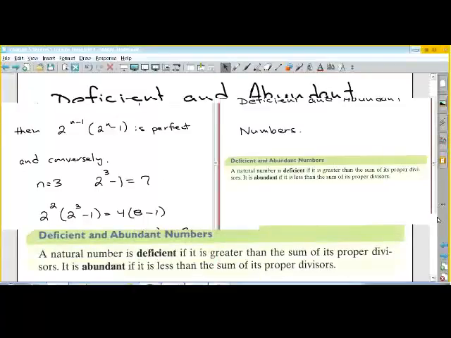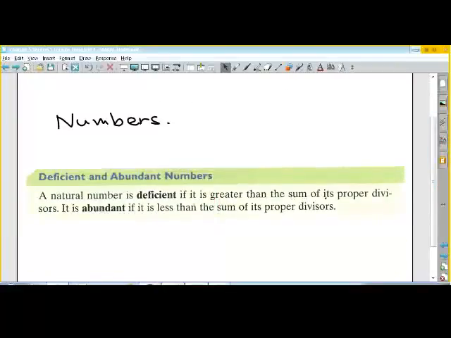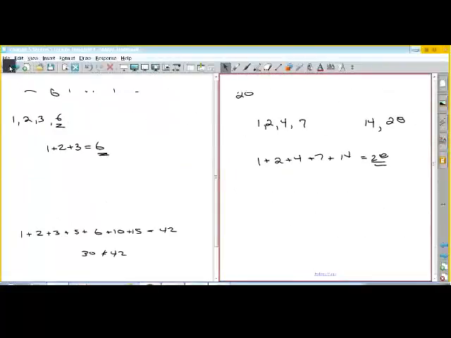Okay, so that's perfect numbers, and you have something called deficient and abundant numbers, and you do the same thing, and if the sum of those numbers is less than the number itself, then it's called a deficient number, and if you add the numbers up and the sum is greater than the original number, then it's called an abundant number.